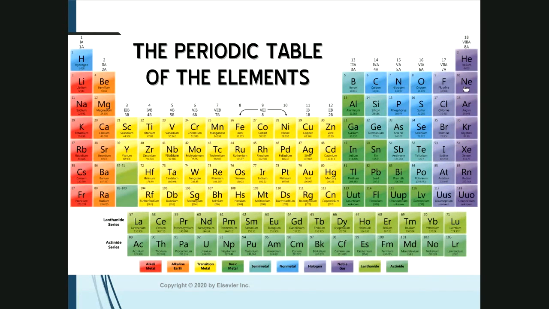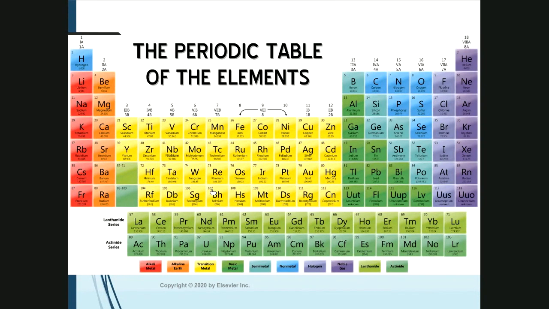The atoms in each period have the same number of electron shells, and the number of shells increases as you move from the top to the bottom. So hydrogen and helium have 1 orbital shell. This row, 2 orbital shells, 3, 4, 5, 6, 7 orbital shells.